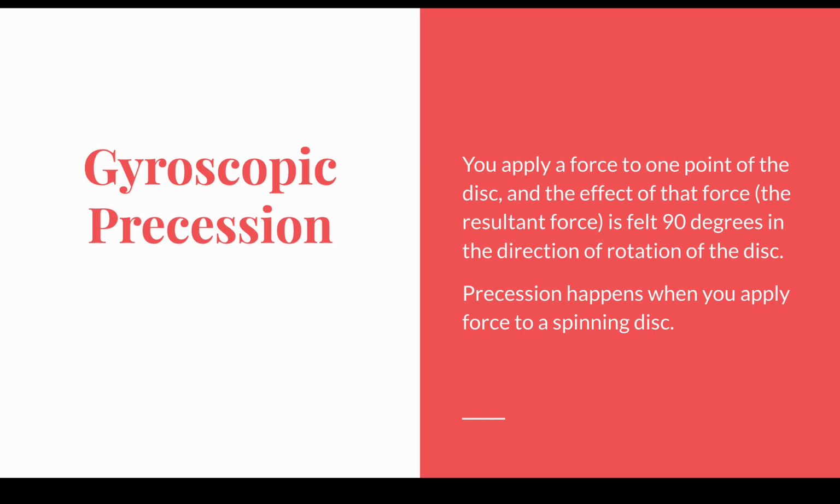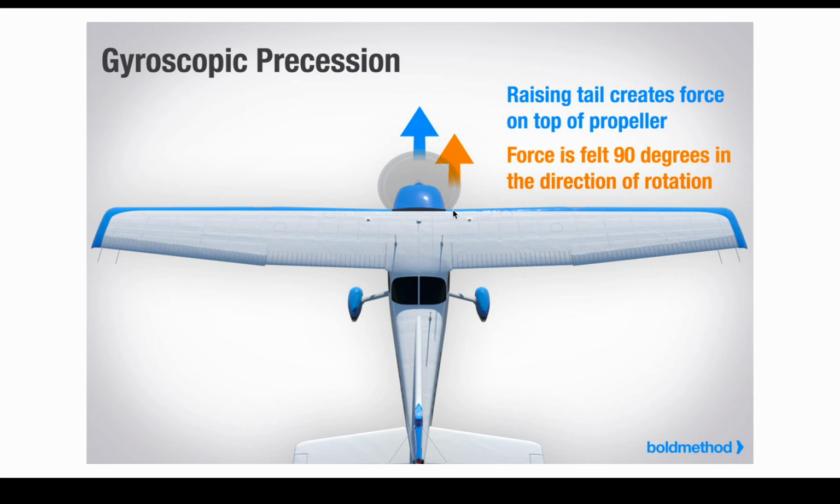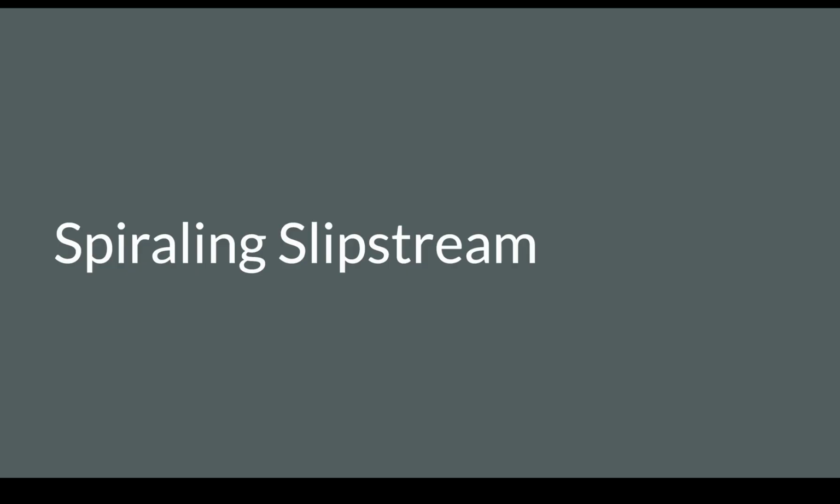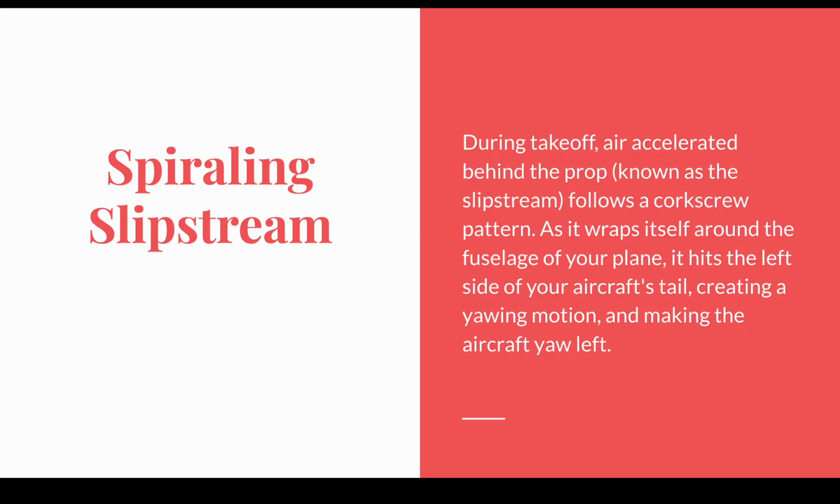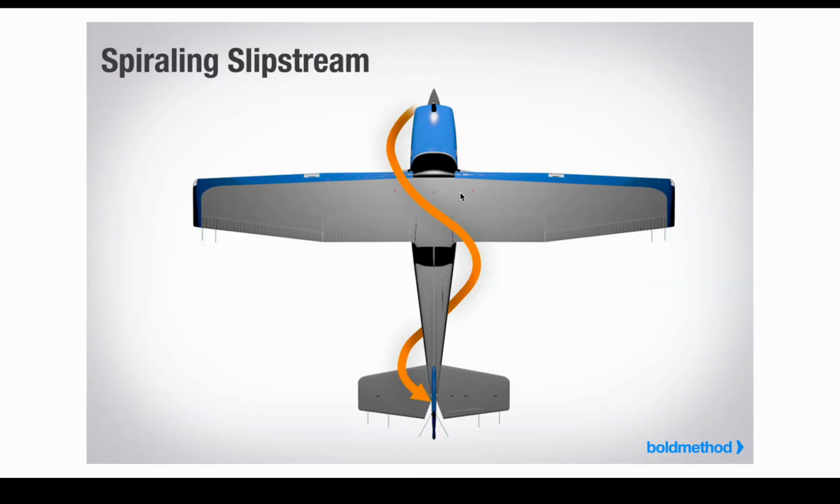You see that mostly in tailwheel airplanes, but when the tail raises up, the plane wants to pull to the left once again. I'll explain that in class a little more with a model. Spiraling slipstream is when the air wraps around the fuselage and strikes the tail on the right side, which causes the airplane to go to the left once again.